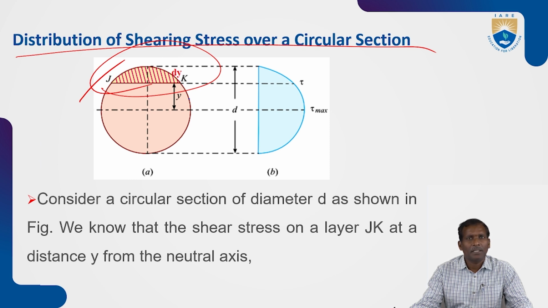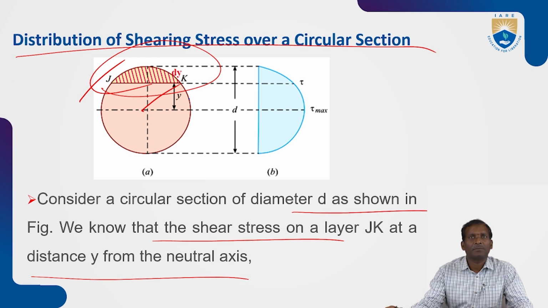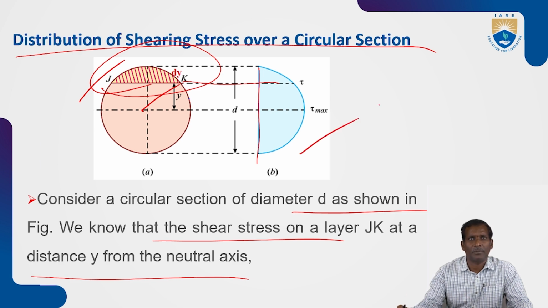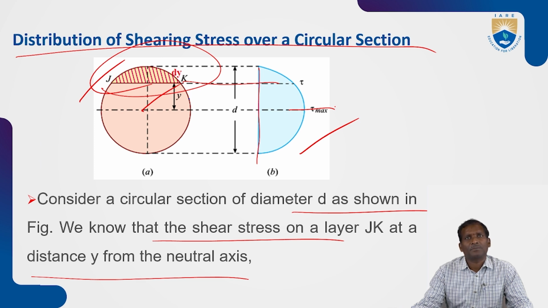We know the shear stress on a layer JK at a distance y from the neutral axis. The stress distribution is drawn like this; the shear maximum occurs at the neutral axis. So maximum shear stress will occur at the neutral axis only.